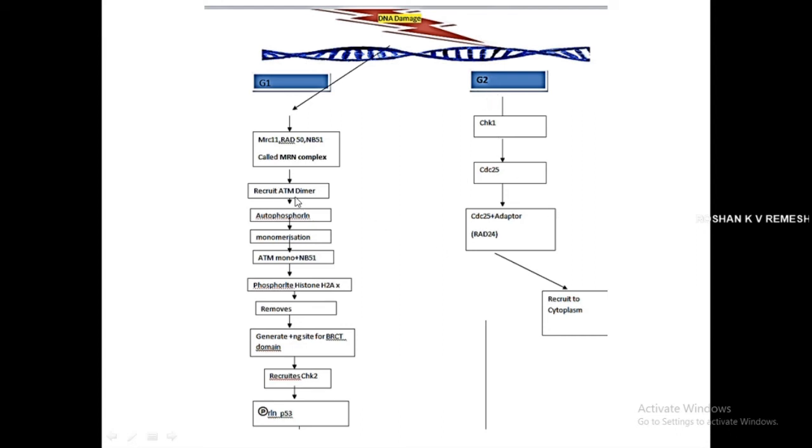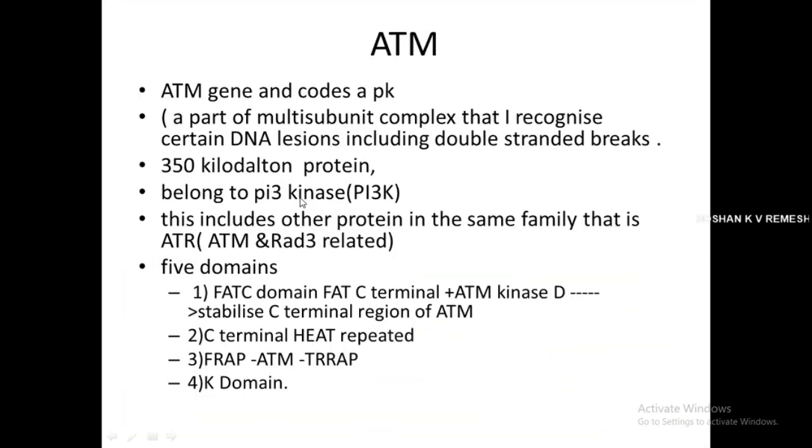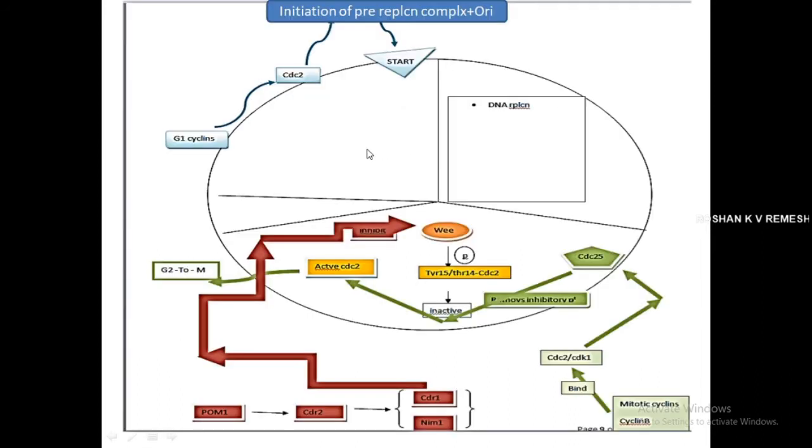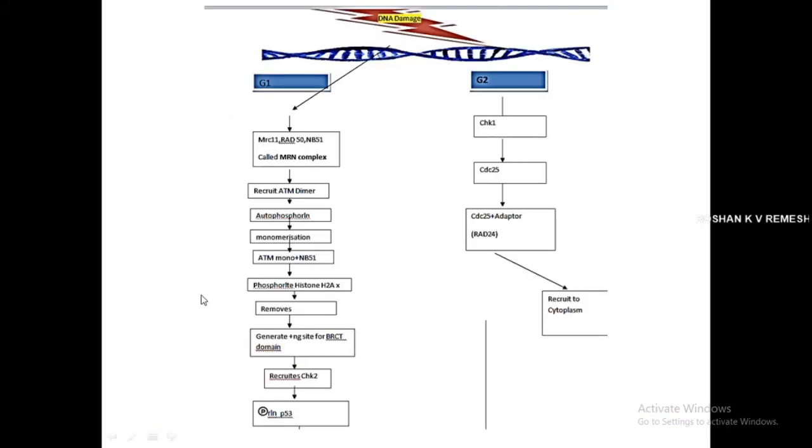See here, this ATM is quite important. So what is ATM? ATM is a protein having kinase activity. It's a part of a multi-subunit complex that recognizes DNA lesions, including double-stranded breaks that we have already studied. The DNA lesions can be recognized by these complexes, and this ATM dimer is also a part of it.